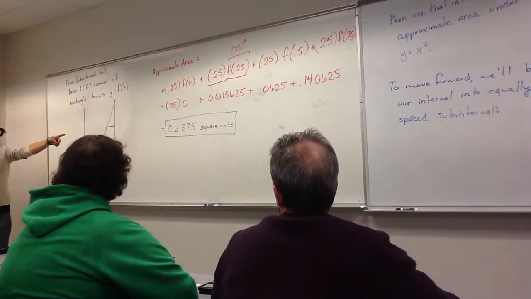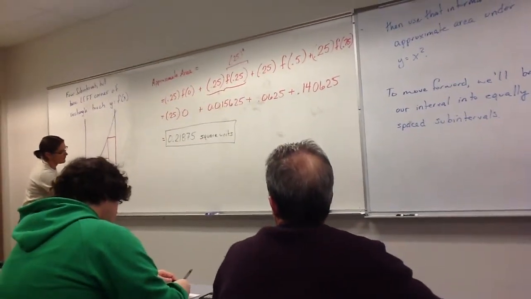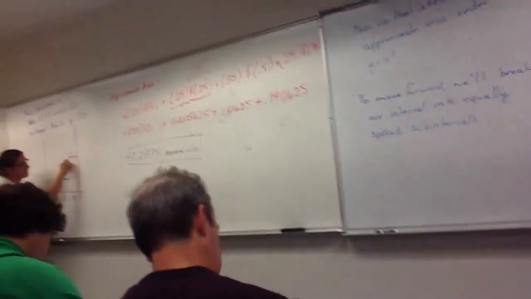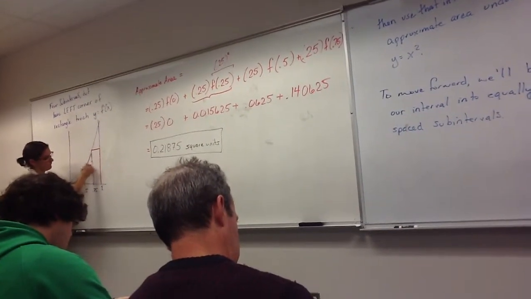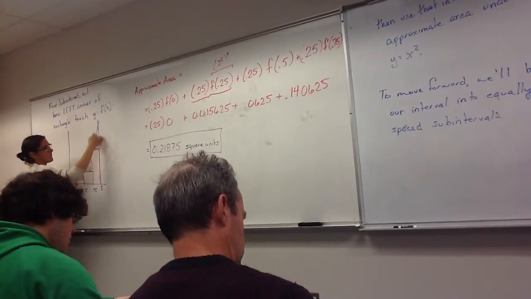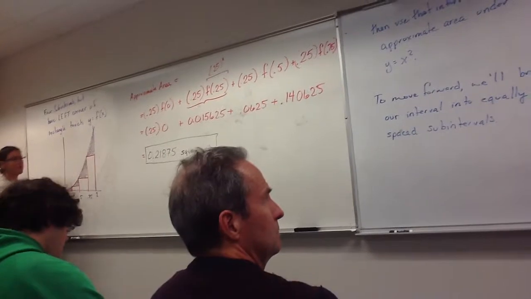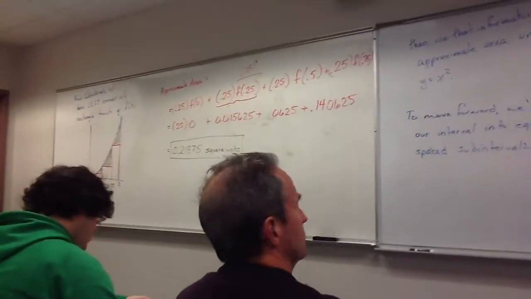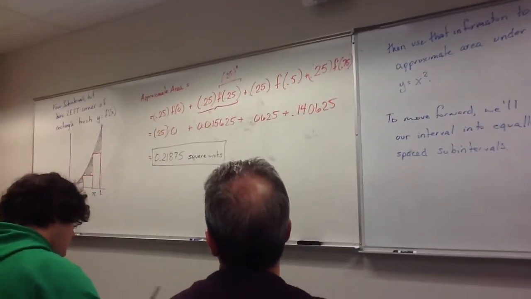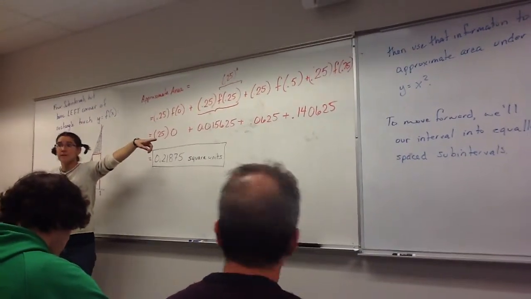All right, so this number is going to be smaller than the actual area because we left out a bunch of little triangular pieces. So the actual area under y equals x squared is going to be somewhere between this value and the larger value over there.